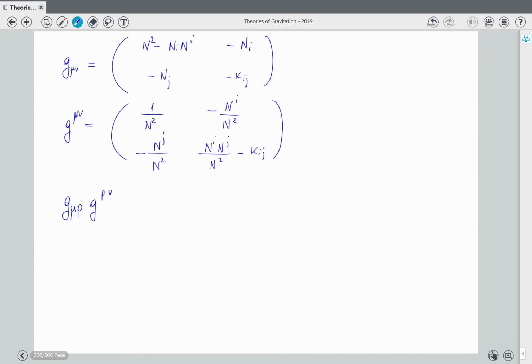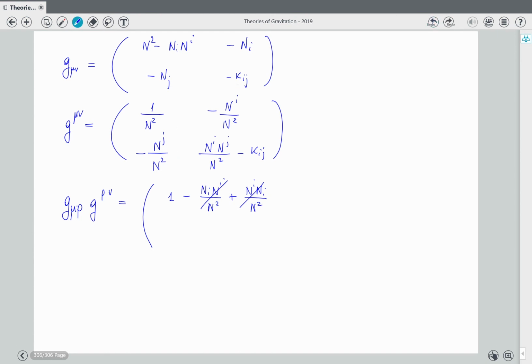If we check, let's multiply, for example, this times that. So you have N squared times 1 over N squared, minus N^i divided by N squared, and then you have plus N^i divided by N squared. So this is correct. Let's do this one. Let's do this times that.